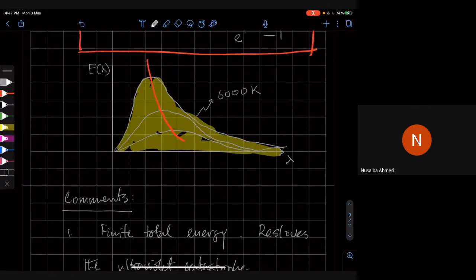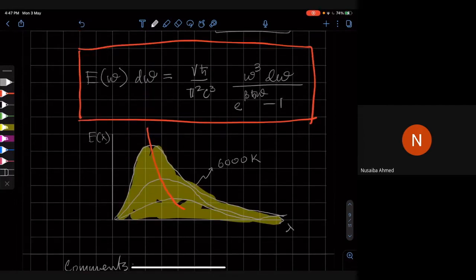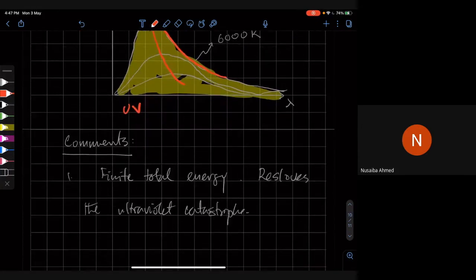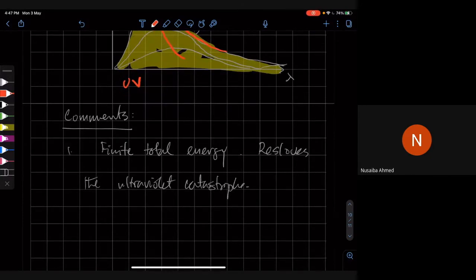The thing was that, according to classical statistical mechanics, the curve that you were going to get was something like this. So in the UV, you had infinite energy. This is how you got infinity. So that solves the ultraviolet catastrophe.